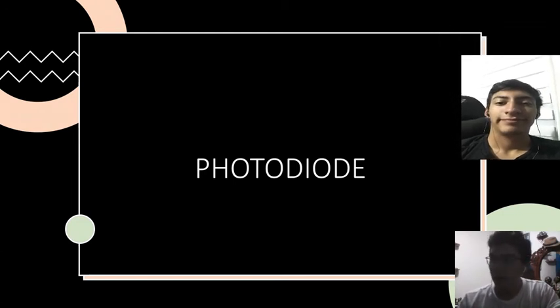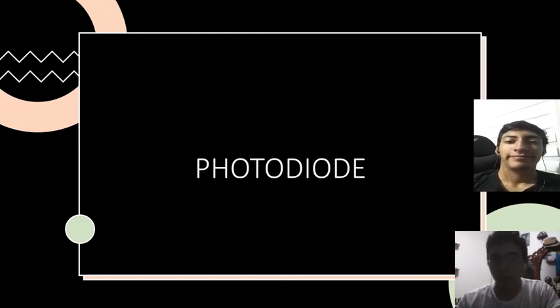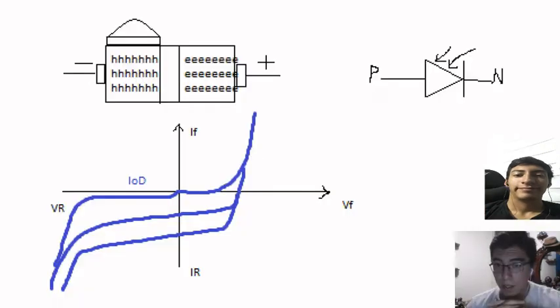Now I will talk about photodiodes. The main difference between a photodiode and a conventional diode is that they use reverse polarity, as we can see below.